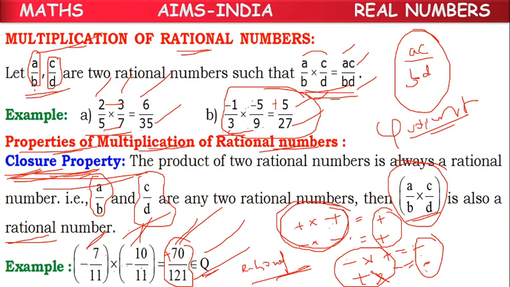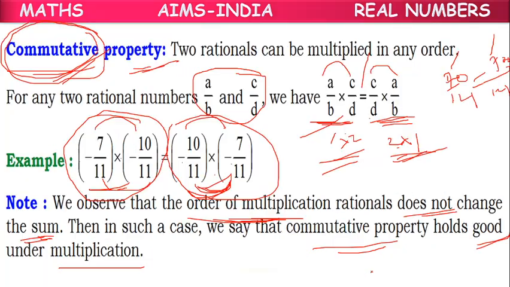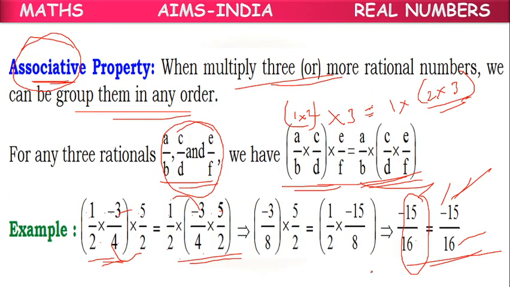So in multiplication also closure property is applicable. If two rational numbers are there, their product also will be a rational number. Commutative property means two rational numbers we can multiply in any order. Associative means three rational numbers we can multiply in any order.